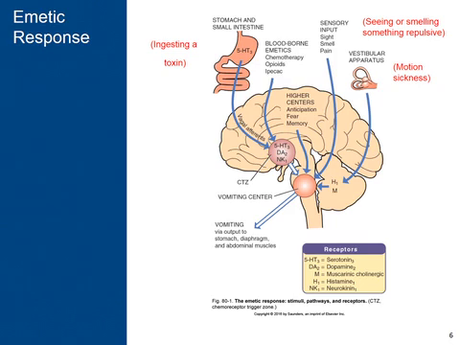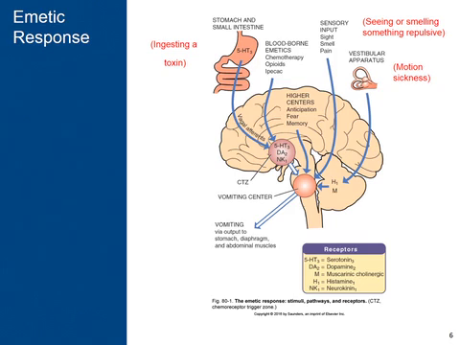Looking at this picture, look at the right side of the picture. Starting in the center, you've got that little ball in the center. That's the vomiting center. And that vomiting center can be directly signaled by signals from the cerebral cortex. For example, fear or even anticipation of fear, memories of fear can actually trigger the vomiting center and lead to nausea and vomiting in some patients.